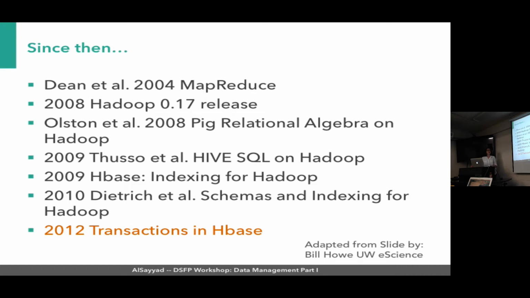And okay, fine, but we still don't have indexing. So indexing was developed, schemas, and ultimately transactions, which I highlighted because I was planning on talking about it, but I might not. If you guys are interested, somebody ask about it.